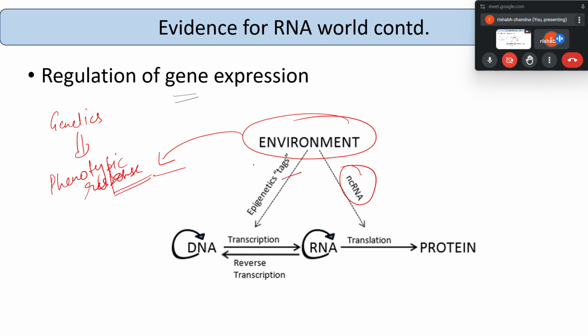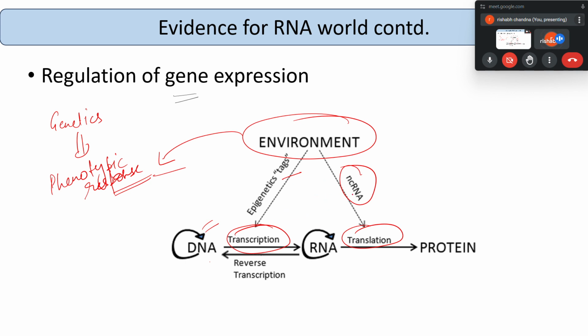Okay, so they control the gene expression at various levels, be it transcription or translation, which we'll see in detail in the future. What they do is the environment basically transforms this particular thing so that the levels of expression regulate with the environment the cell is present in.